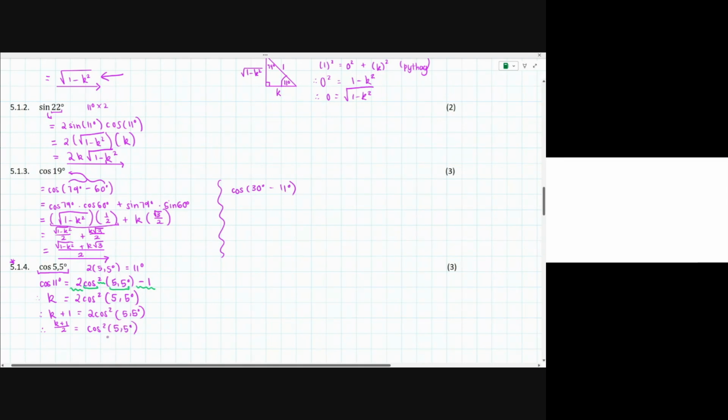And then we don't want that squared, we want cos of 5.5, so I need to square root both sides. So cos of 5.5 degrees is equal to the square root of (k plus 1) over 2. And now I've got my ratio for cos of 5.5 degrees in terms of k.